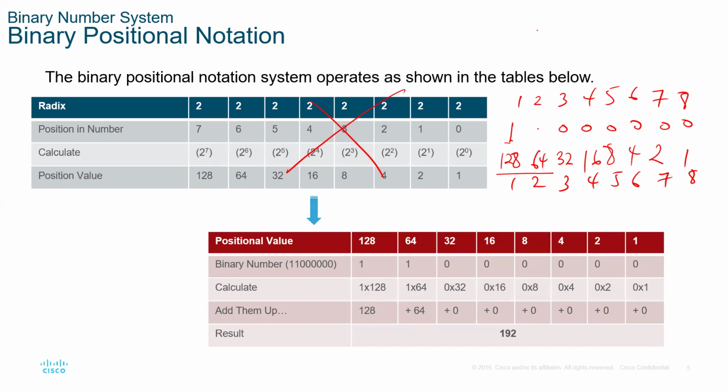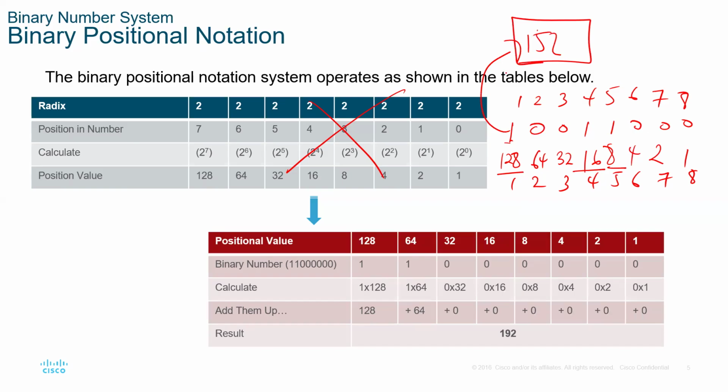Let's change this one to 1 and this other one to 1. That value will be 128 plus 16 plus 8, depending on the position. So 128 plus 16 plus 8, 152. So this value is 152.